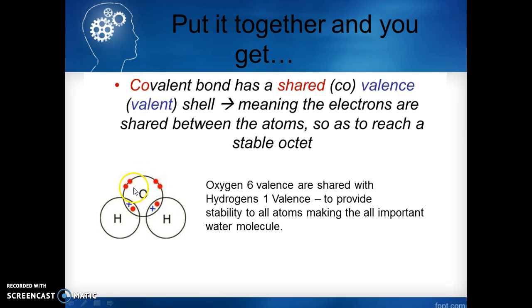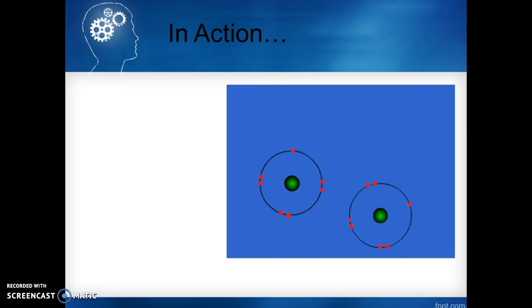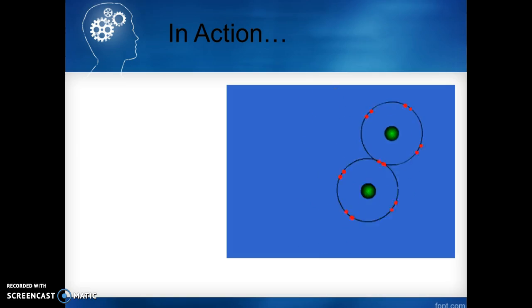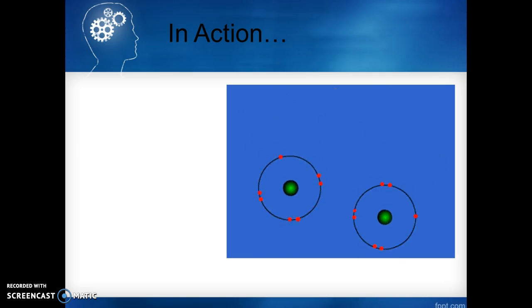Oxygen now has 8, 2, 4, thanks to sharing 1 here, and the sharing of an electron here. So where were we? 6, 8. Hydrogen needs 2 valence electrons, so by sharing 1 with oxygen, it too achieves a stable valence shell. So here we have a little covalent bonding in action.